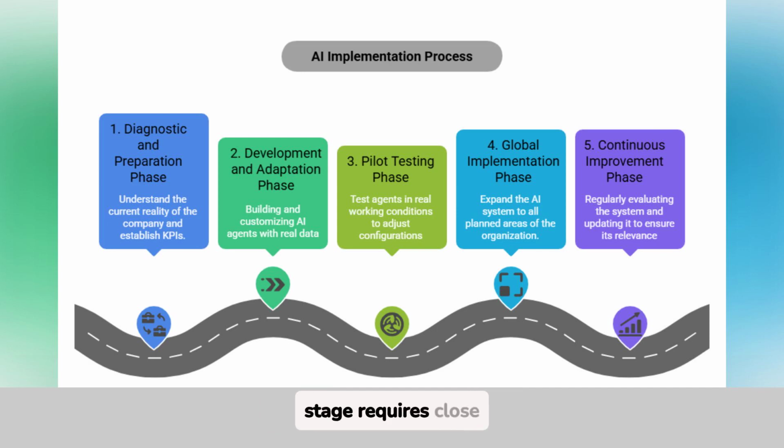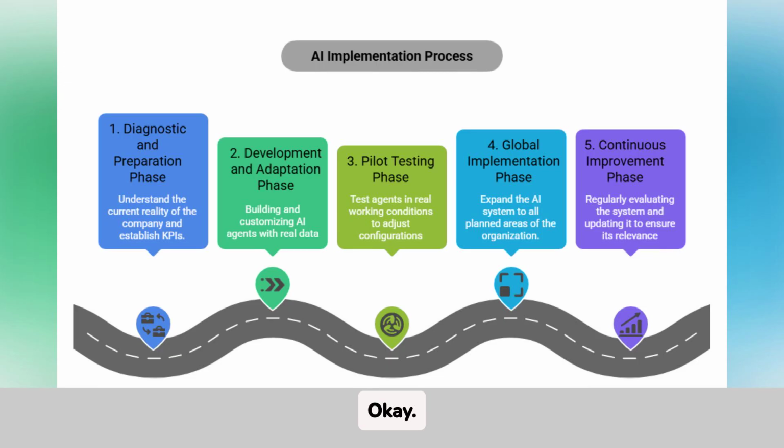This stage requires close support so that the teams feel supported and can make the most of the new integrated intelligence. Okay. And everything is already working at 100% at that point?